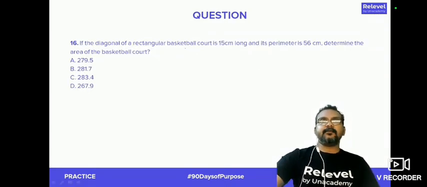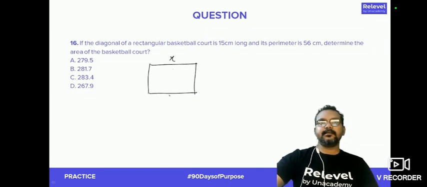If the diagonal of a rectangular court is 15 centimeters and the perimeter is 56, you have to find the area. So rectangular court, perimeter is 56, so if I take one side as x, then 2x. So the other 2 sides will add up to 56 minus 2x. So each side is 28 minus x. And the diagonal is 15.